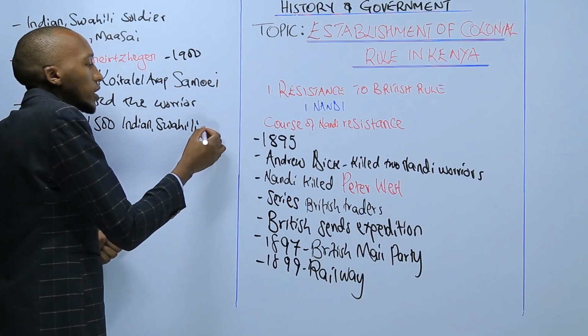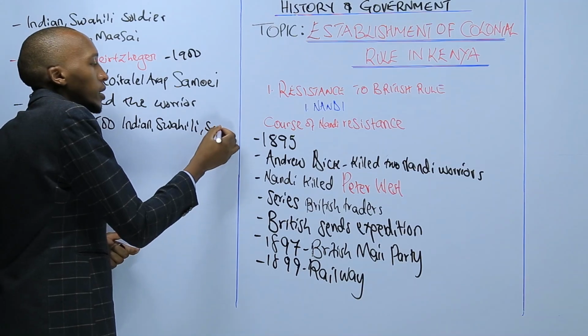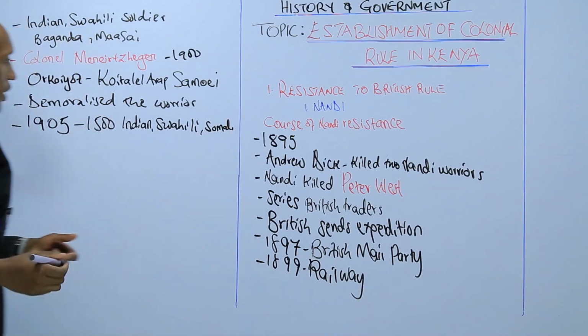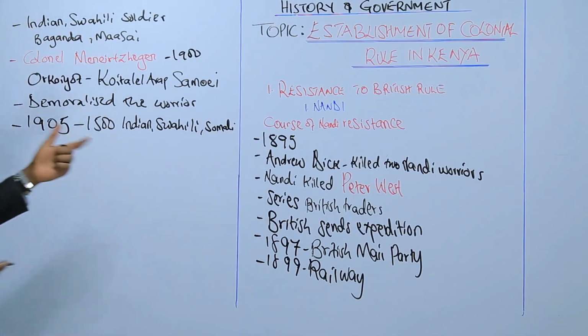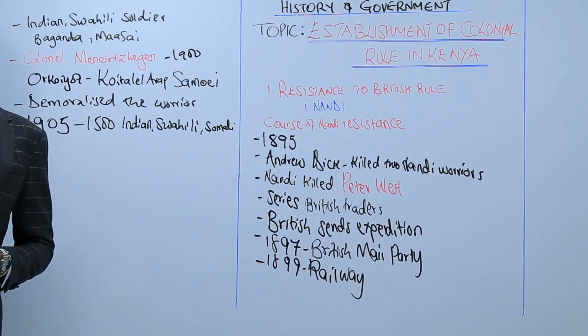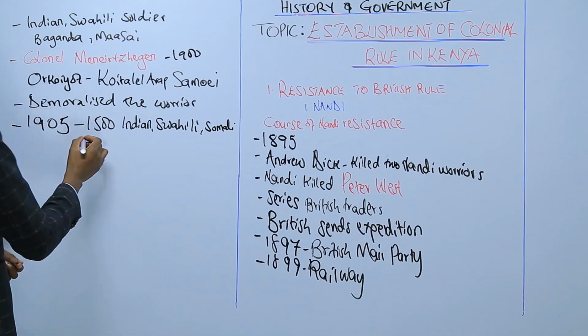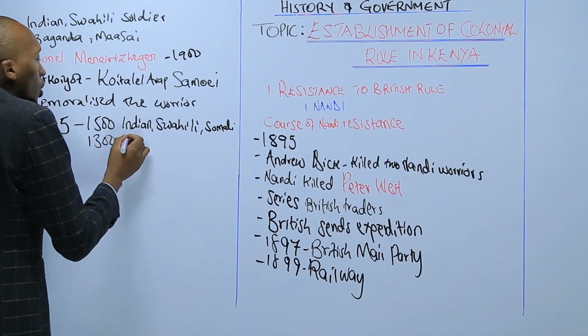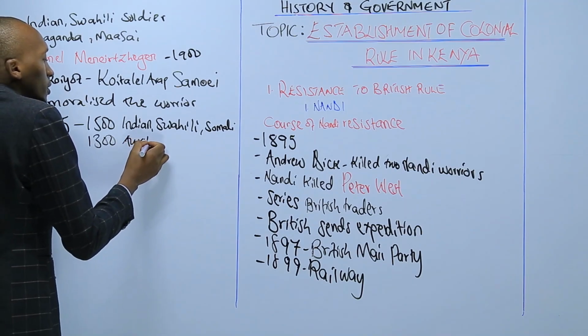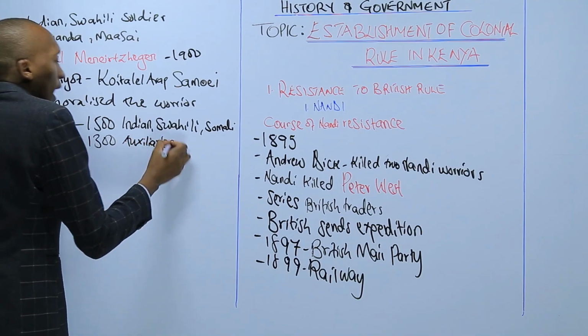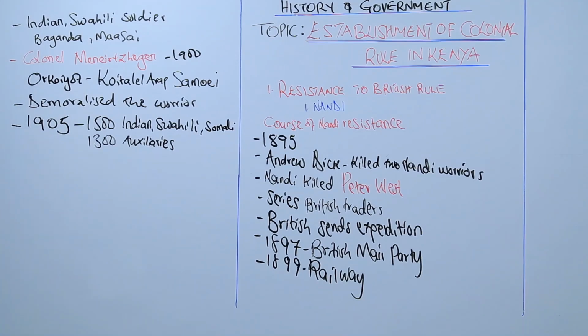Also, they included some Somali soldiers, right? And then apart from the 1,500 soldiers that were sent at that time, they also hired 1,300 auxiliaries to come and also join in the expeditions.